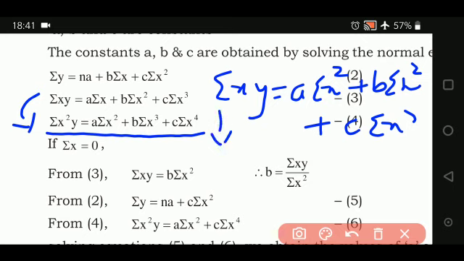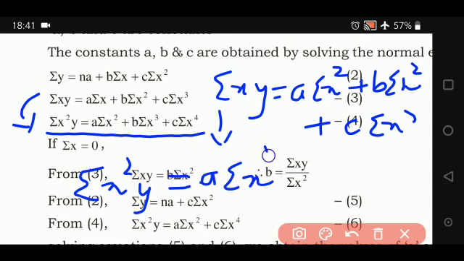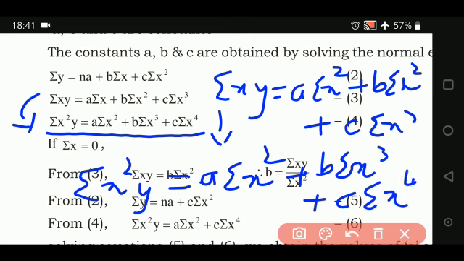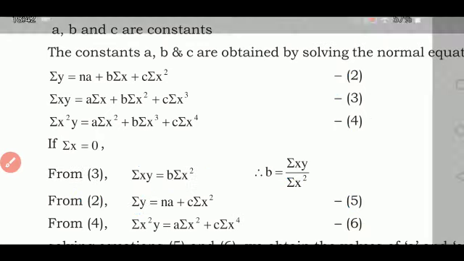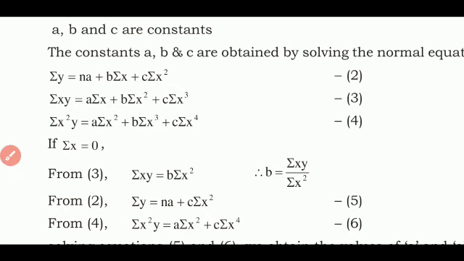Again I'm prefixing x here, that is going to be summation x square y is equal to a summation x square plus b summation x cube plus c summation x to the power 4. So the degree is increasing by one. That is how you are going to write the normal equation.